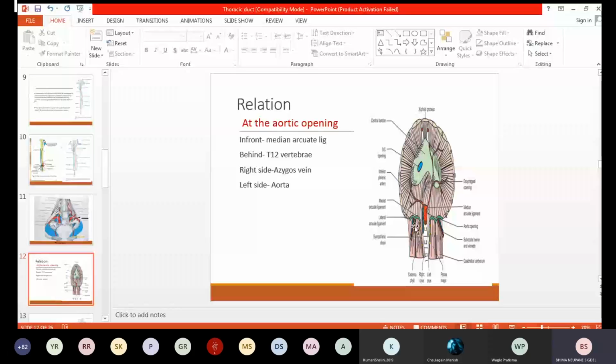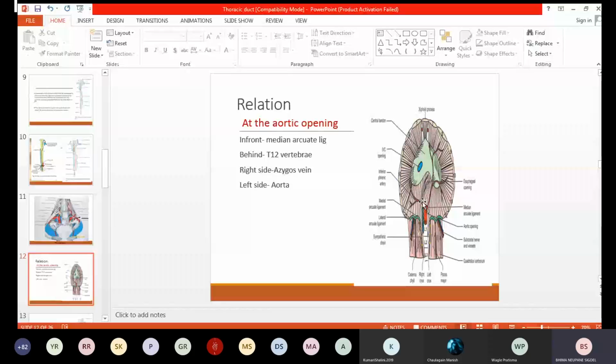Okay. Now the relation at the level of the aortic opening, right? We have just now mentioned that first it was the cisterna chyli, and from the upper end of the cisterna chyli, at the lower body of the 12th thoracic vertebra, was the thoracic duct, the continuation of the cisterna chyli. Now at the level of this aortic opening, we'll study the relations of the thoracic duct.